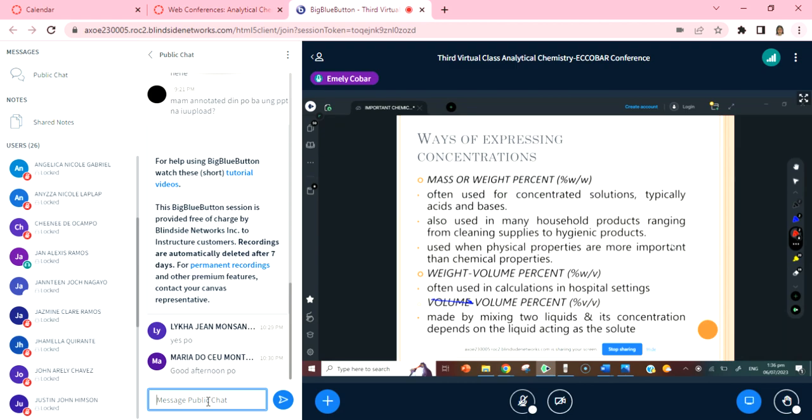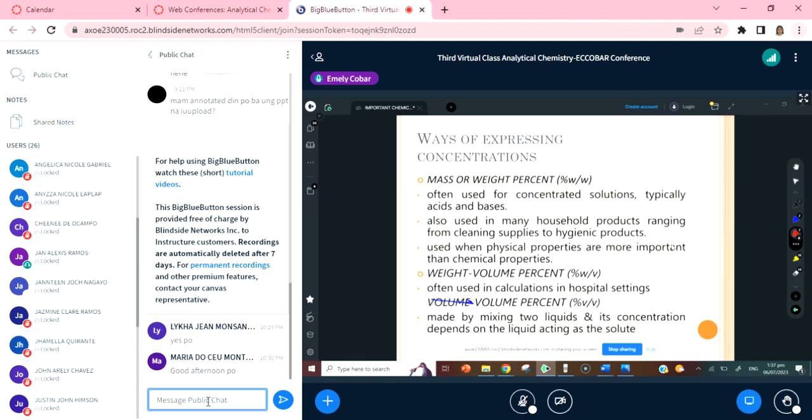Pag tinignan natin yung mga binibili nating gamit sa bahay, like cleaning materials, makikita natin usually dun sa ingredients, mass percent, kung gaano kadami yung isang component in percent.